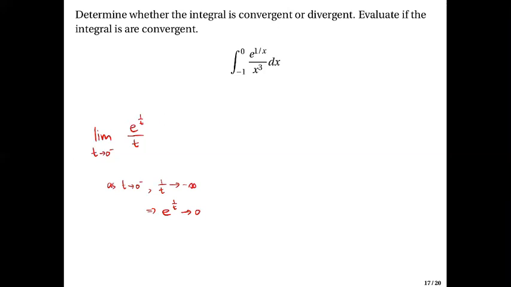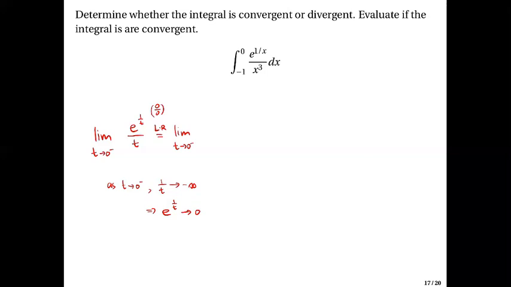This is an indeterminate form of type 0 over 0. So we can apply L'Hopital's rule. If we do this, we will have the limit as t approaches 0 from the left, and then we get the derivative of the numerator.